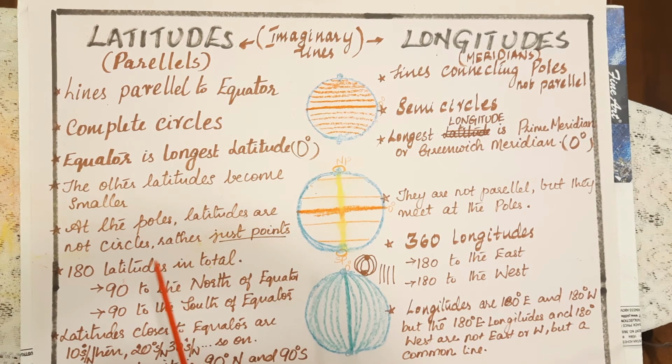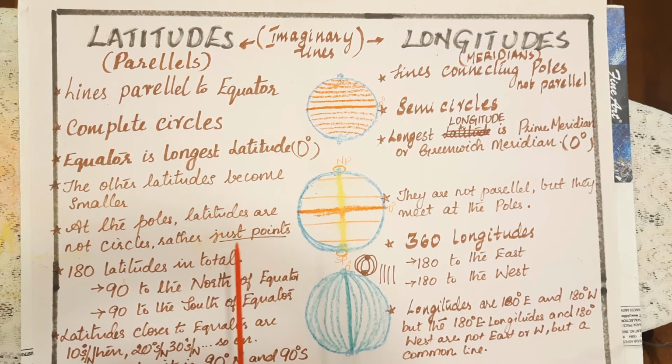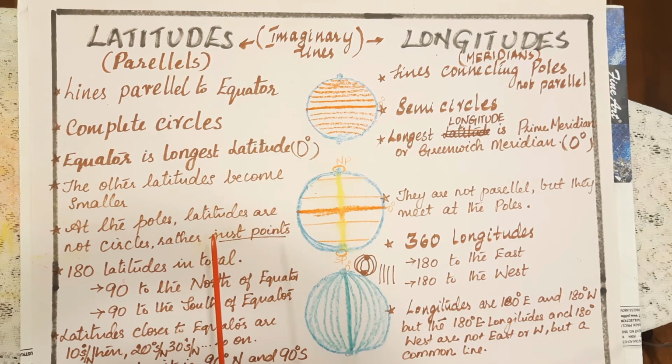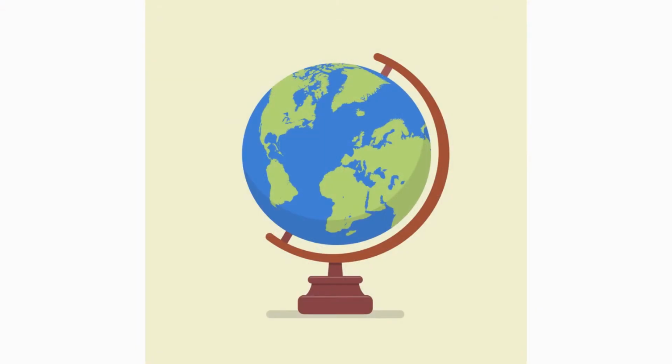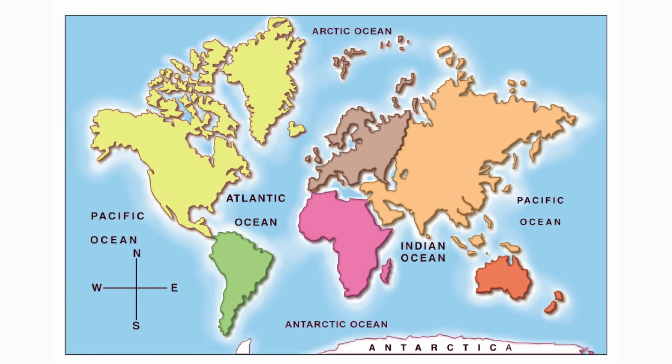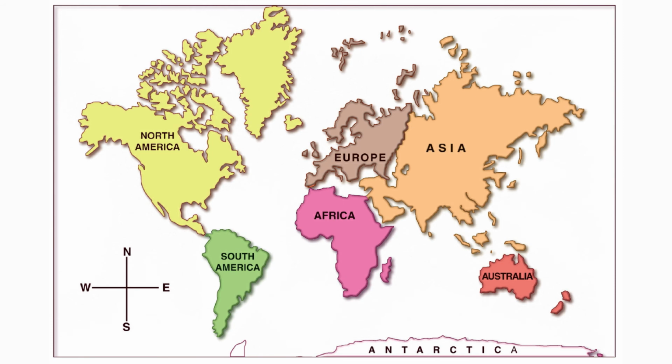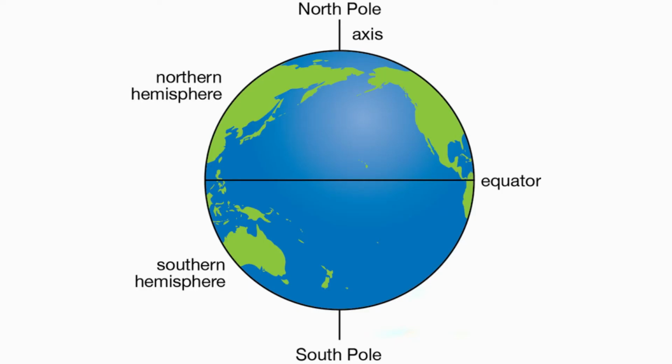So I hope you understood what we have learned today. Okay, we have learned about the globe. The globe helps us to learn better about the earth, and then we learned about the oceans, continents, the seas, and then we learned about imaginary lines, latitudes and longitudes.